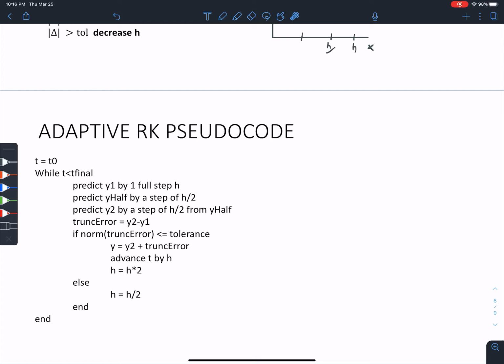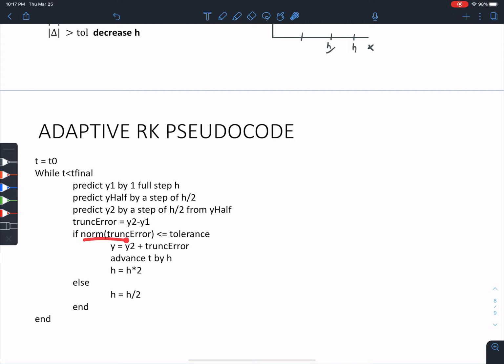And now, if this error, when you may be solving for a vector valued function, so if it's just one value you take the absolute value, but if you're using a vector or a system of ODEs, you may have several variables, and so you may need to take the norm of this vector.